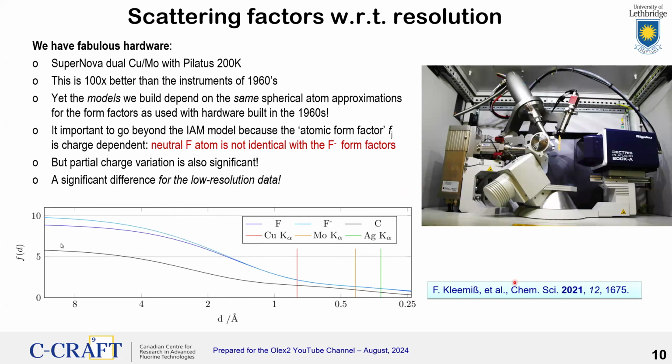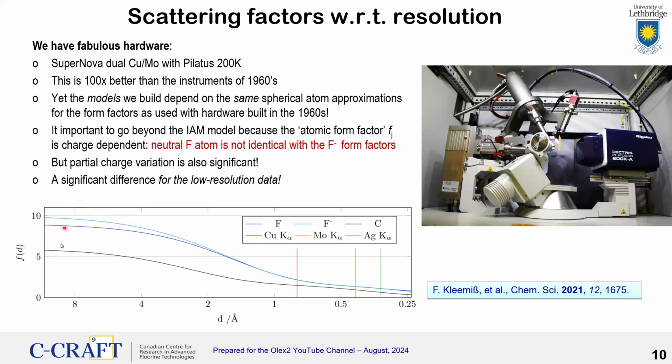And this is also explained in this article here. So even with copper radiation, which only goes out to about 0.8 in sine theta over lambda, relatively low before it runs out of steam, you still get most of the variation due to charge between fluorine and F minus, for example, out here.